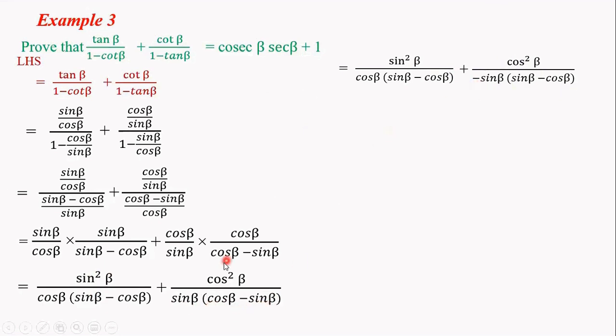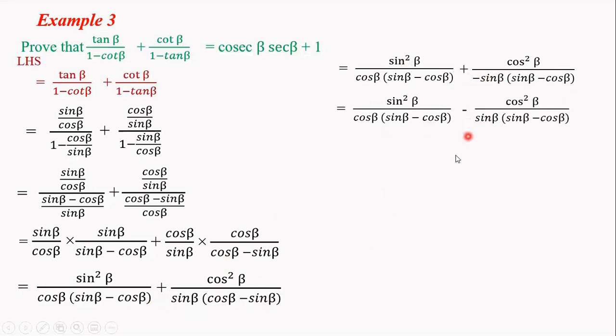After taking minus common, minus will take its place in front of sine beta here, and this cos beta will become minus. So minus cos beta, and this sine beta becomes plus positive. So in the front part, it is sine beta. Now this first part as it is, in the second part plus and minus will get multiplied.